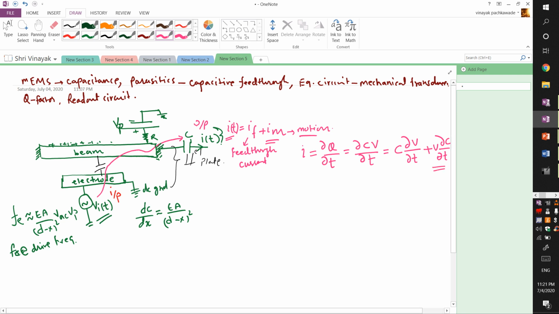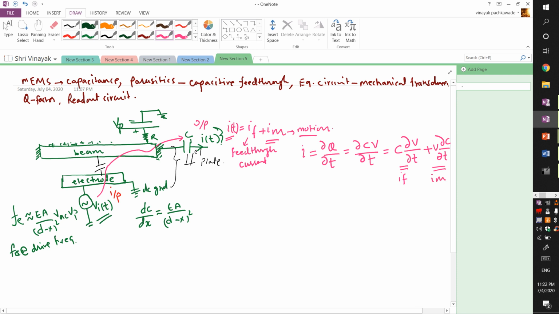So we have this component, and due to this direct feed through, we have our input voltage, and then there is a capacitance and this current, there is a signal that goes like this. So this is the component of feed through, and this is the component of motion.